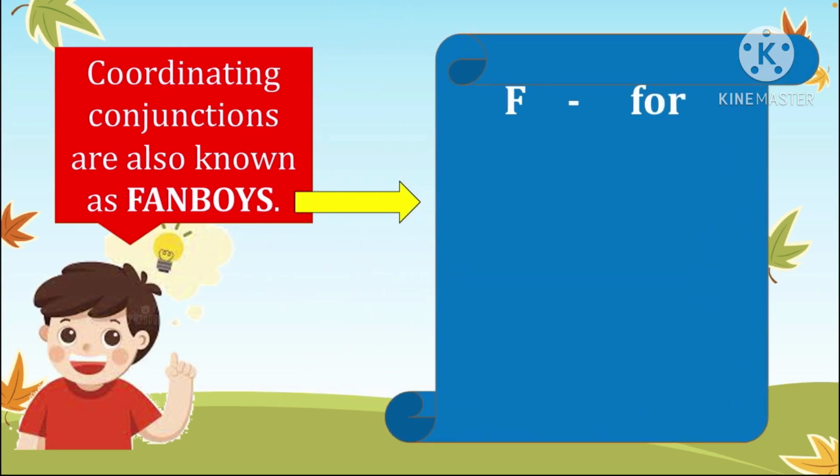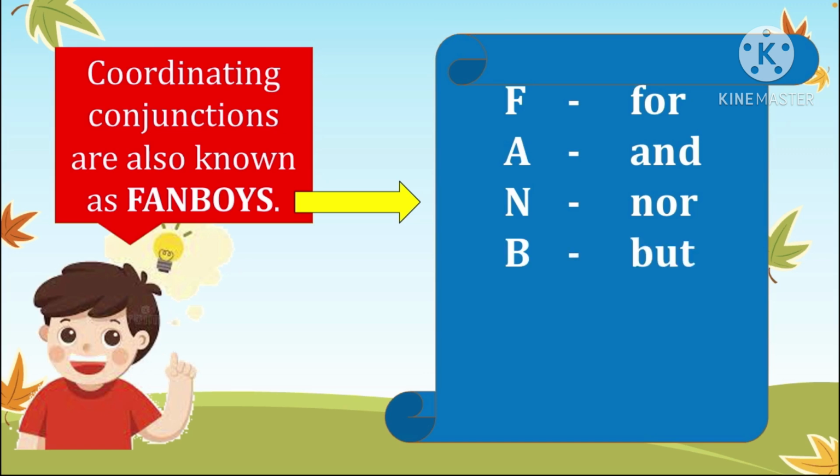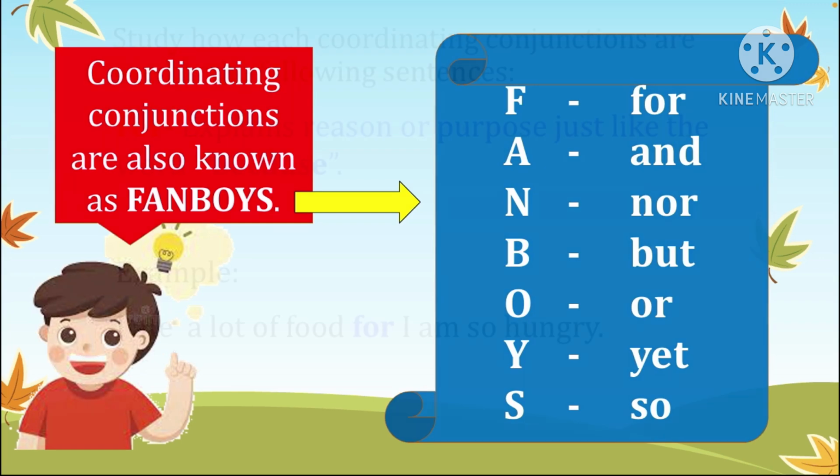F is for, A is and, N is nor, B is but, O is or, Y is yet, and S is so. Again, we call them FANBOYS or coordinating conjunctions.